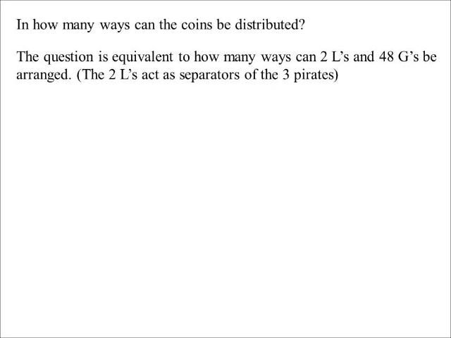Wherever the L lands in this word I'm going to make that has 2 L's and 48 G's, that will determine how many gold coins each pirate will get. So the question then simply becomes, well, there's 50 factorial, because there's 50 letters or coins, and I'm going to divide it by 48 factorial for the 48 gold coins, 2 factorial for the 2 lead coins. 1,225 ways of doing it.